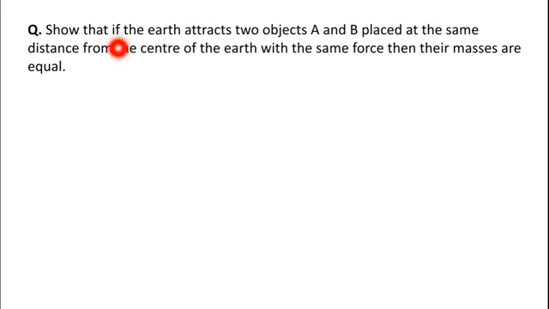Here it is given that if Earth attracts two objects A and B placed at the same distance from the center of Earth with the same force, then their masses are equal. So let us see.